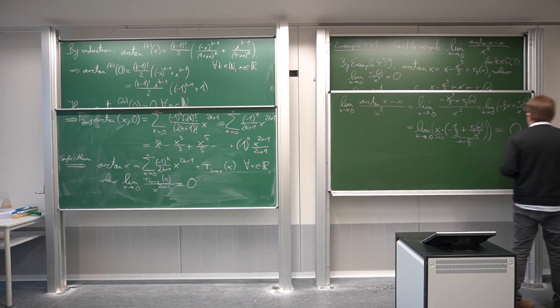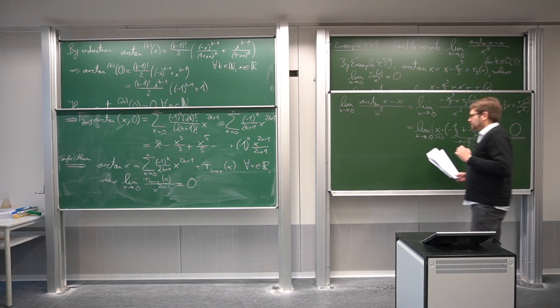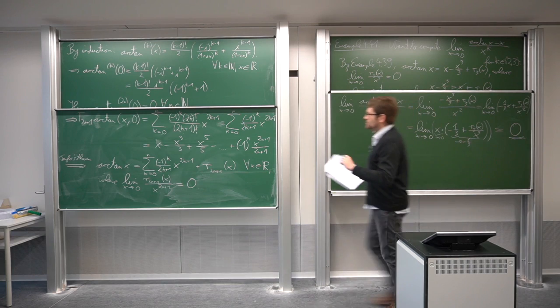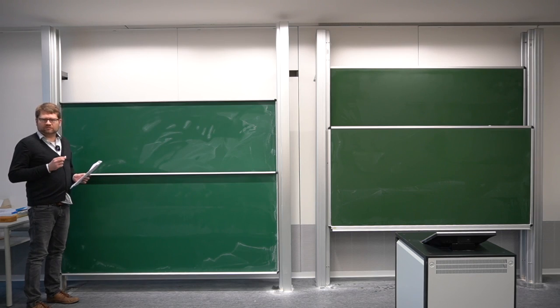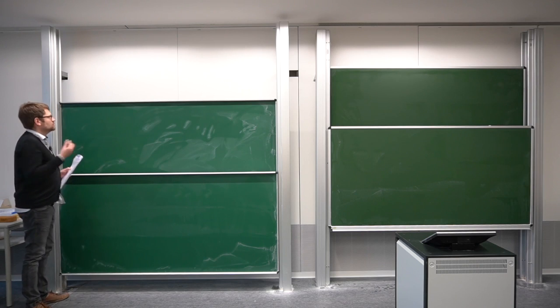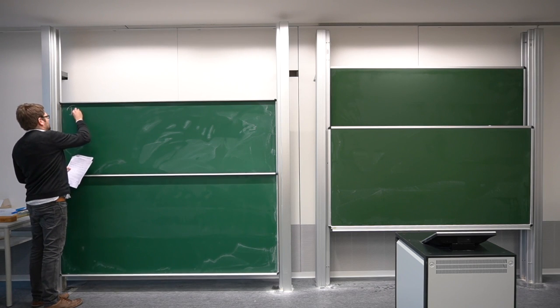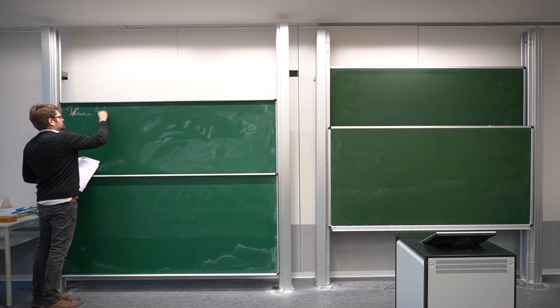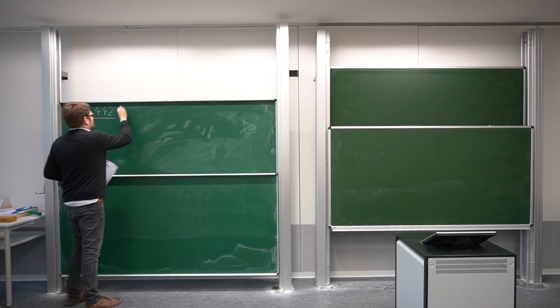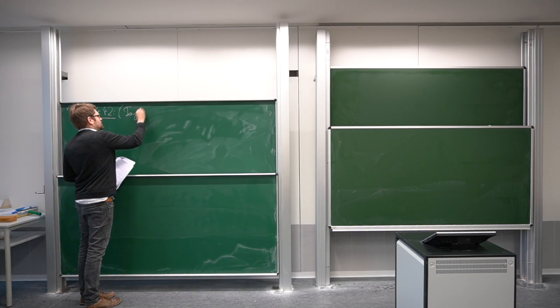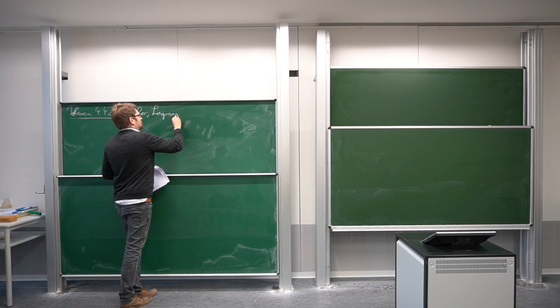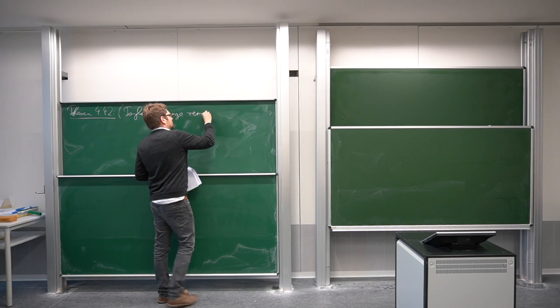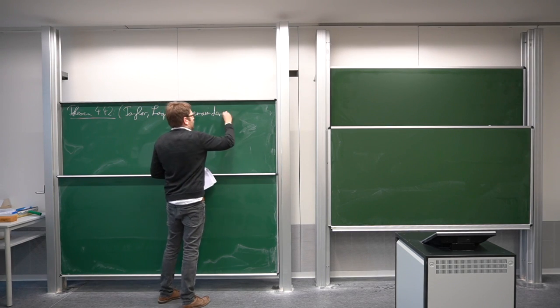Okay, so now for the question. Let me erase at this point because now something new is coming. The next theorem is another version of Taylor's theorem, which is a bit more useful for concrete computations. Theorem 442. This is actually again Taylor's theorem, but this version is often called the Lagrange remainder form.